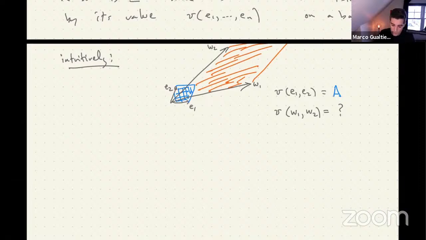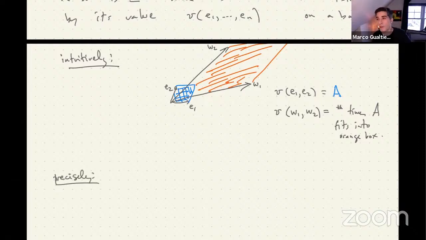So this is the number of times A fits into the orange box. Okay, but more precisely, okay, we need to use the properties of the volume.